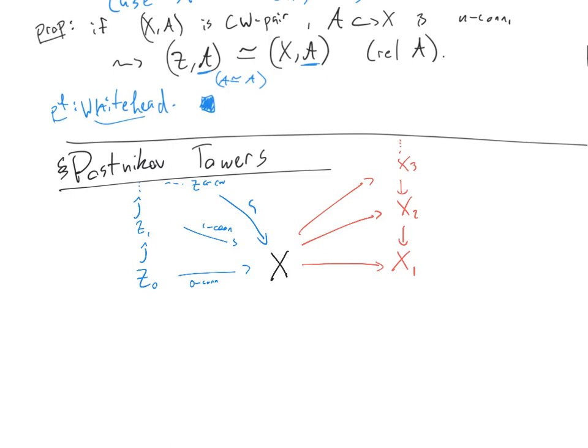And whereas over here, Zn only had cells in dimensions less than or equal to n, in the red side of the picture, our requirement is going to be that pi k of Xn is 0 for k bigger than n.